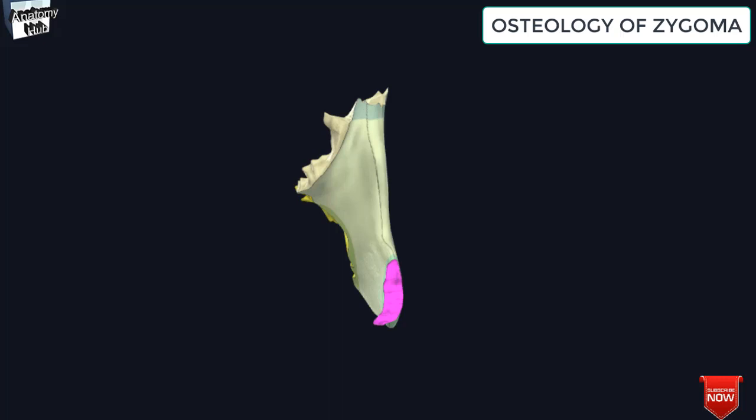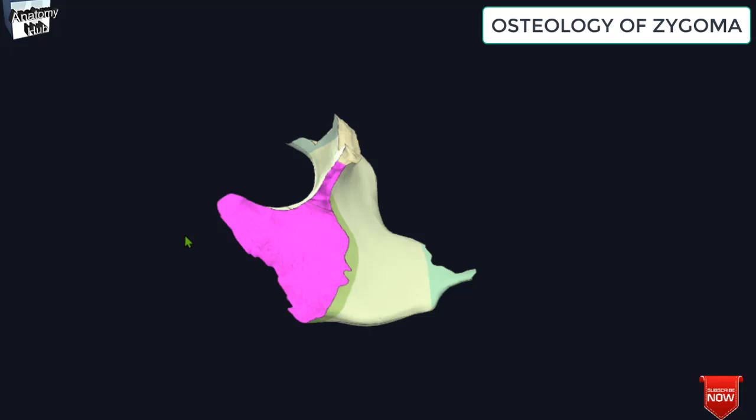So like this you will find the zygomatico-maxillary suture, okay, at this point. So this zygomatico-maxillary suture is the line which actually marks the point of articulation of the zygomatic process of the maxilla with the zygomatic bone.